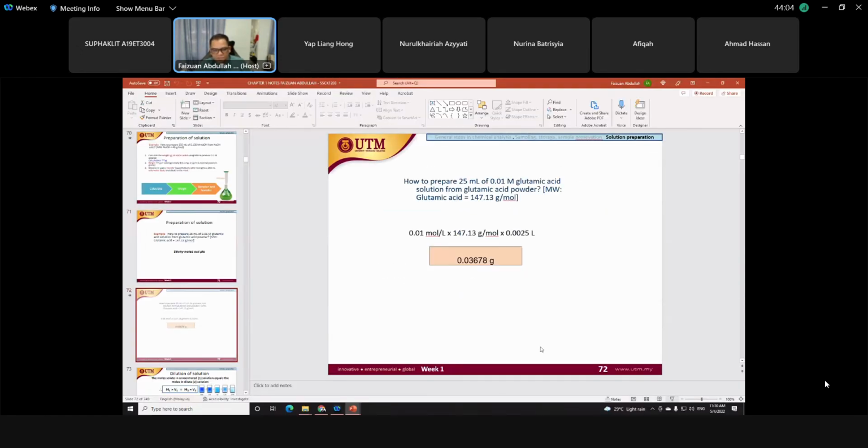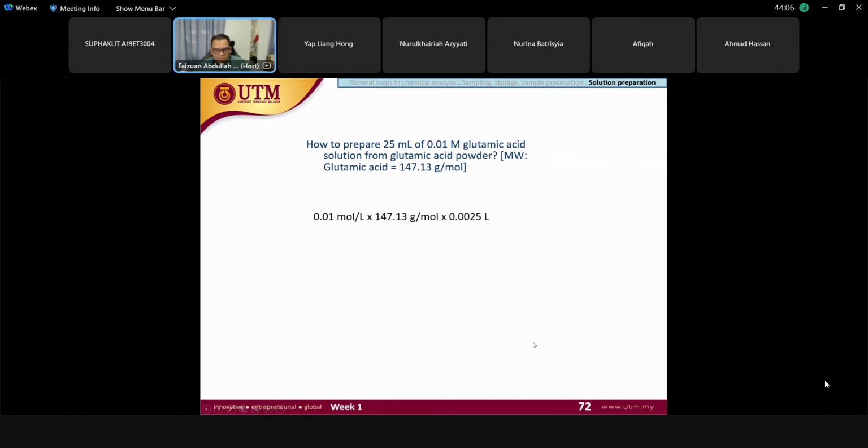This is the calculation: 0.01 mole per liter times 147.13 gram per mole, times the volume.